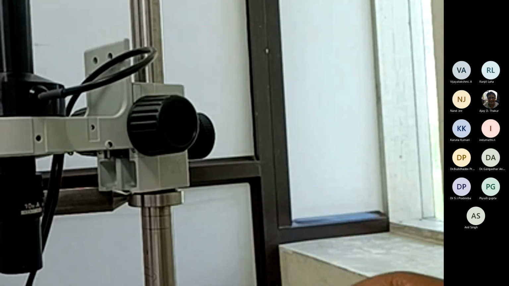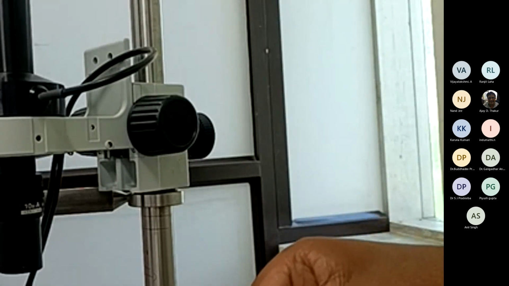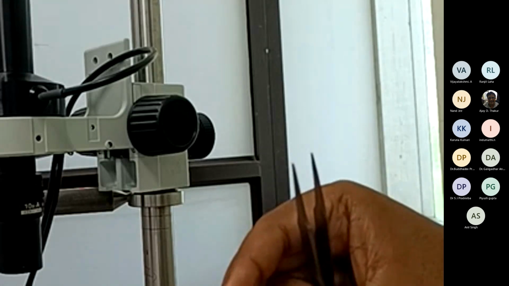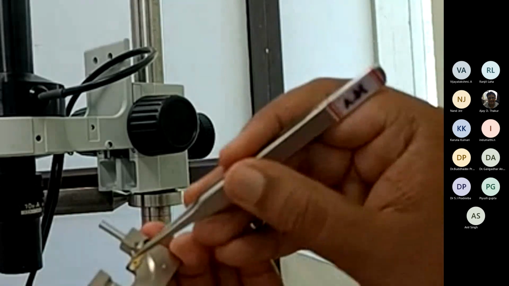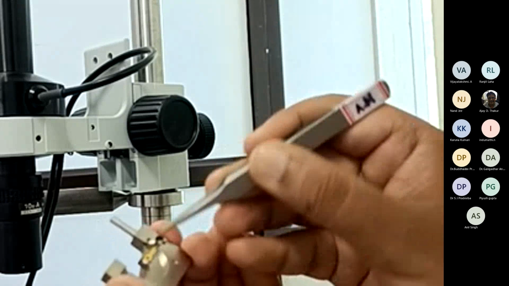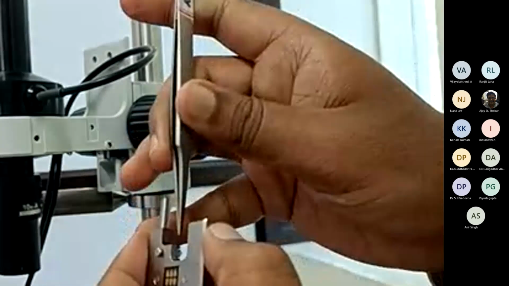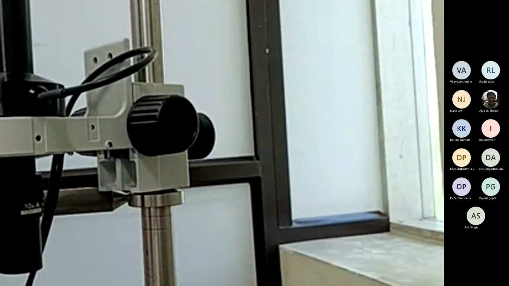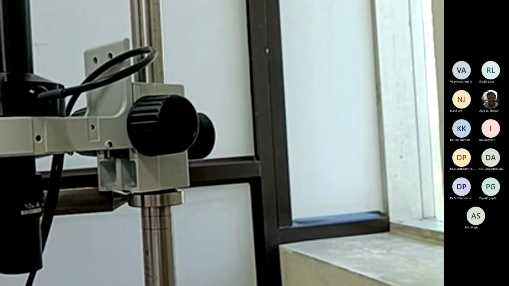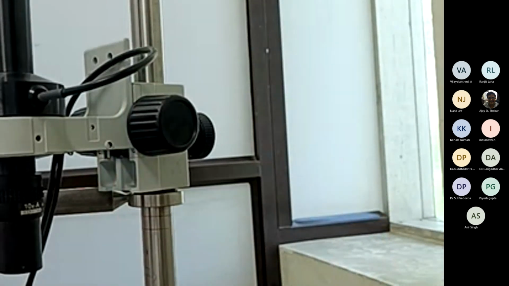Because of that, we have to change this probe holder. Here this is the probe, means this is a chip, and at the top of it the probe is there, and it is attached with a shaker piezo. Shaker piezo, the piezo which keeps oscillating the cantilever. Okay, so mainly this is the main difference between these two types of scanner heads.